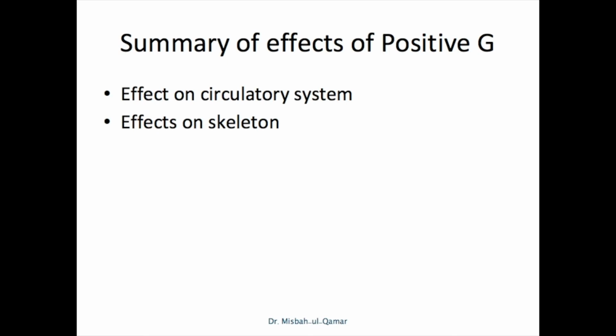Yes, gray out, which is the loss of color perception. It then progresses to blackout and unconsciousness followed by death. Effect on the skeleton, especially the vertebrae: it causes fracture.